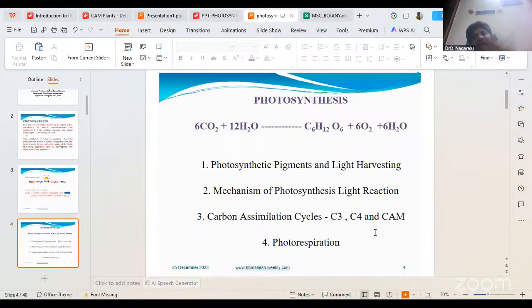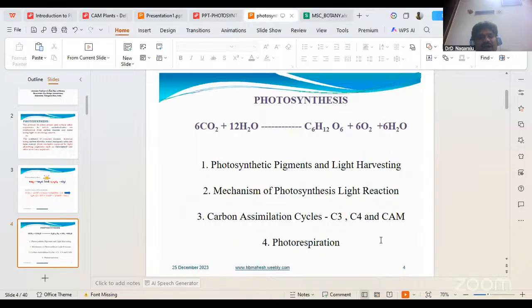And the next one is the CAM cycle, crassulacean acid metabolism, which usually happens in xerophytic, succulent plants, where the plants close the stomata in the daytime and absorb carbon dioxide at night. Whatever carbon dioxide is absorbed will be utilized in the daytime for photosynthesis. The C3 cycle is spatial separation, the C4 cycle is spatial separation, and the CAM cycle is time separation, daytime and nighttime.